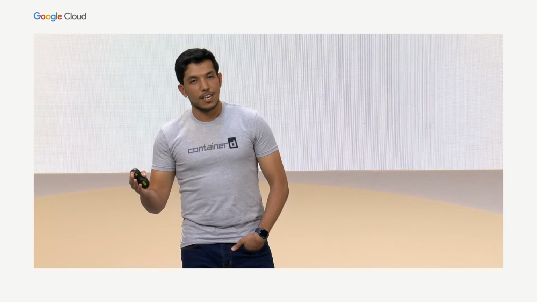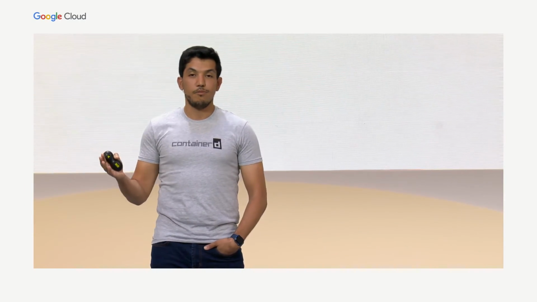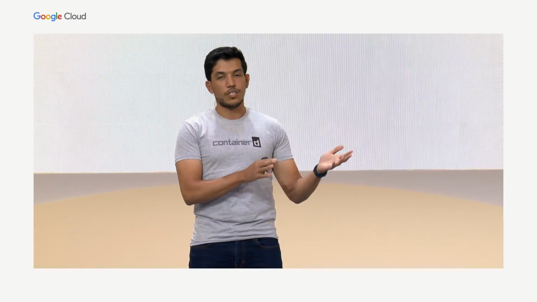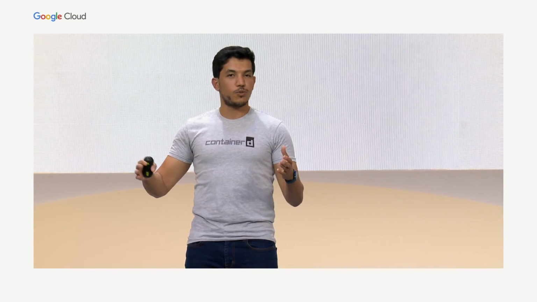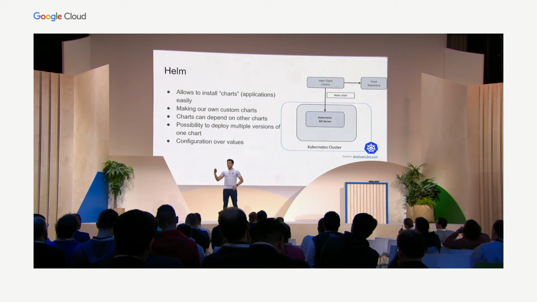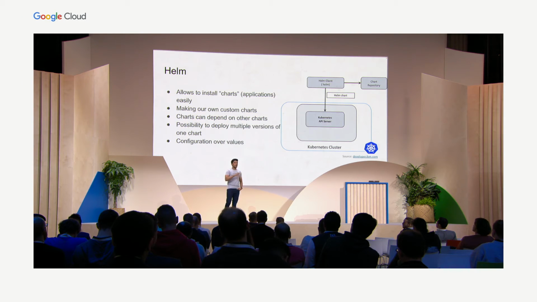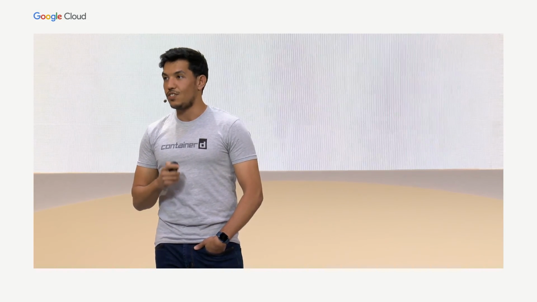Helm 3 solved a lot of problems and a lot of pains with Helm, since it becomes now a client-focused version. Previously, it was client-server, and you needed to have Tiller, or whatever it's called, on your Kubernetes cluster. Now it's much more lightweight, and it does all its magic on the client side.